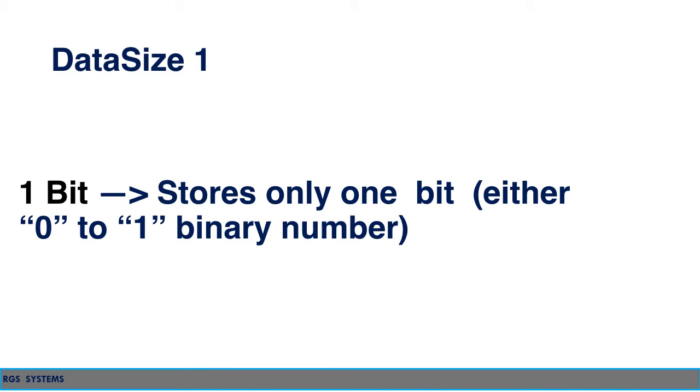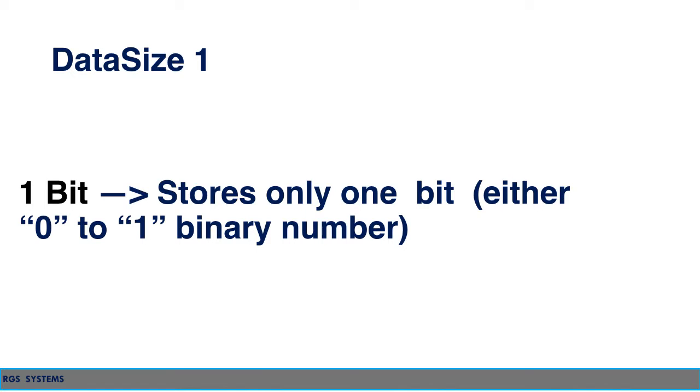Let us understand. In our data size list 1, the lowest size is 1 bit. The 1 bit can only store one binary number, which could be either 0 or 1. In the digital world, the bit is represented as on or off: 0 means off, 1 is on.